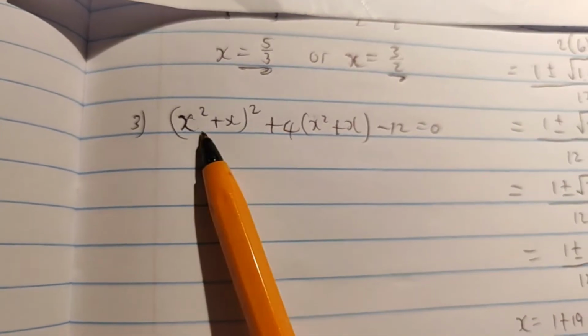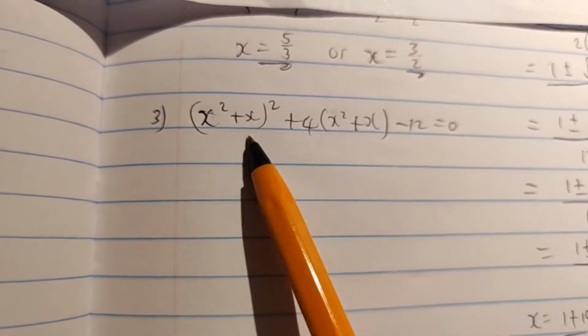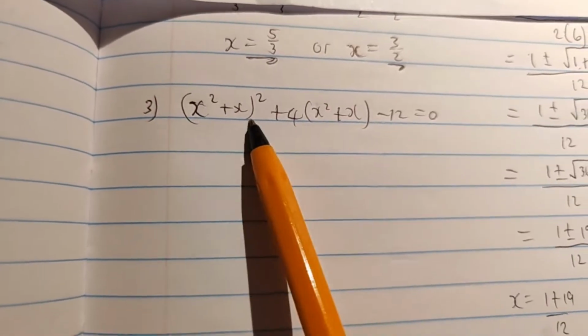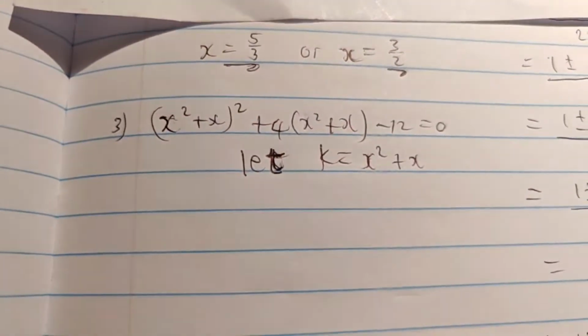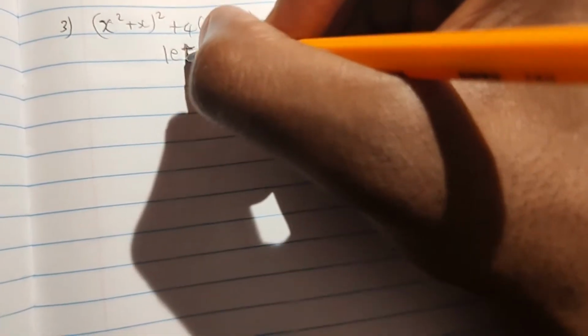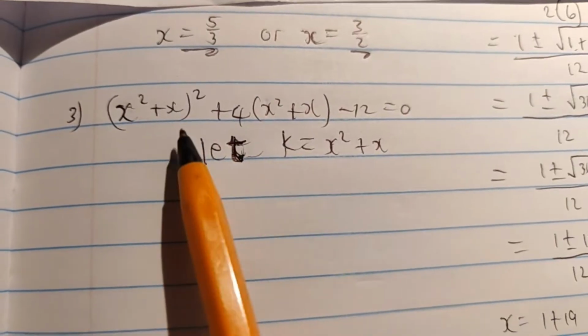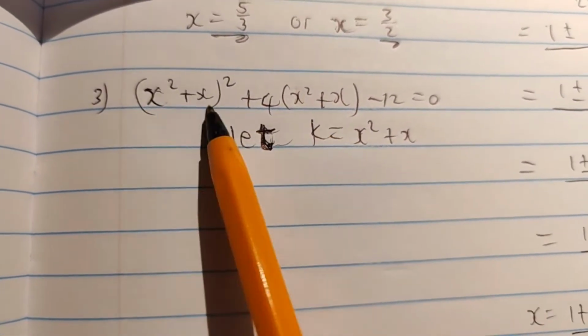Because we can see a potential x to the power 4 coming about when we open 2 brackets of x squared plus x, because of the repeated expression, we are going to let k be equal to x squared plus x. We can choose any arbitrary value and substitute that. So we can let, guys, k be equal to x squared plus x, because x squared plus x is a repeated expression.